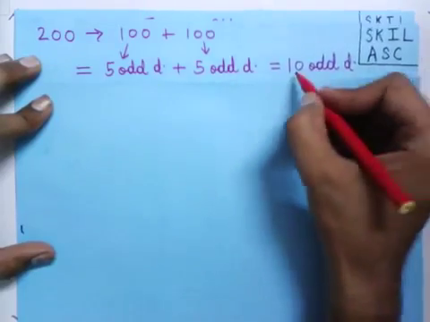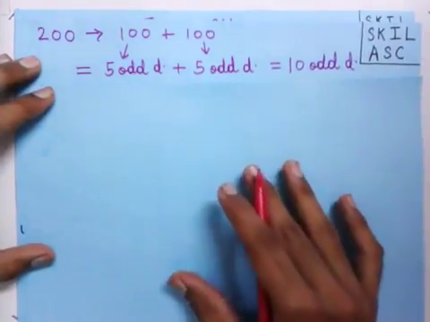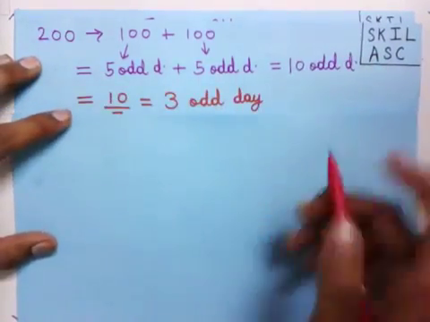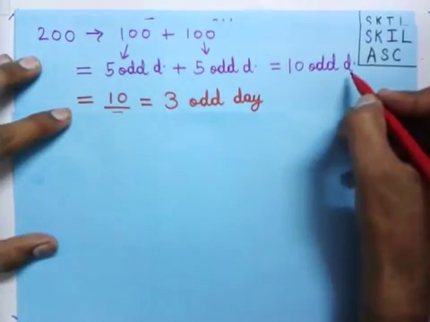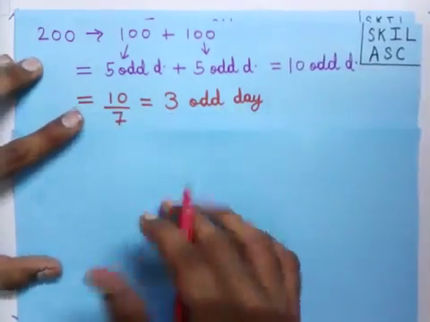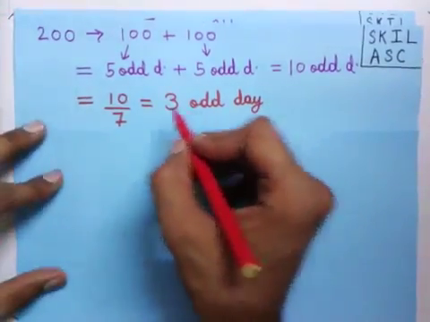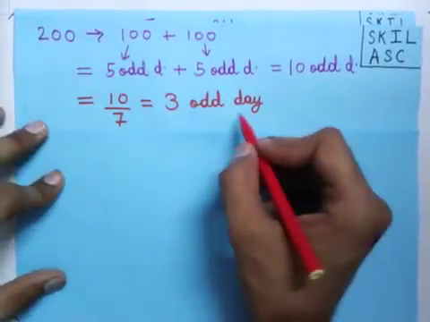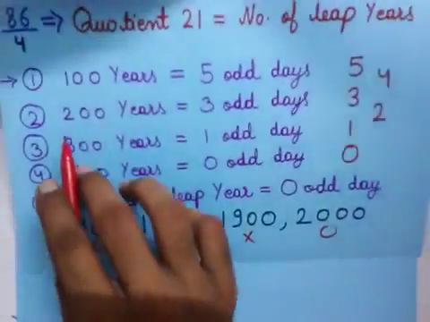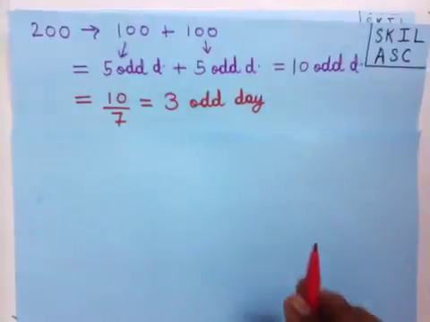So we have a total of 10 odd days. Now again we know that 10 cannot be the number of odd days. So we divide it by 7 and we get 3 odd days. So we come to know that 200 years have 3 odd days.